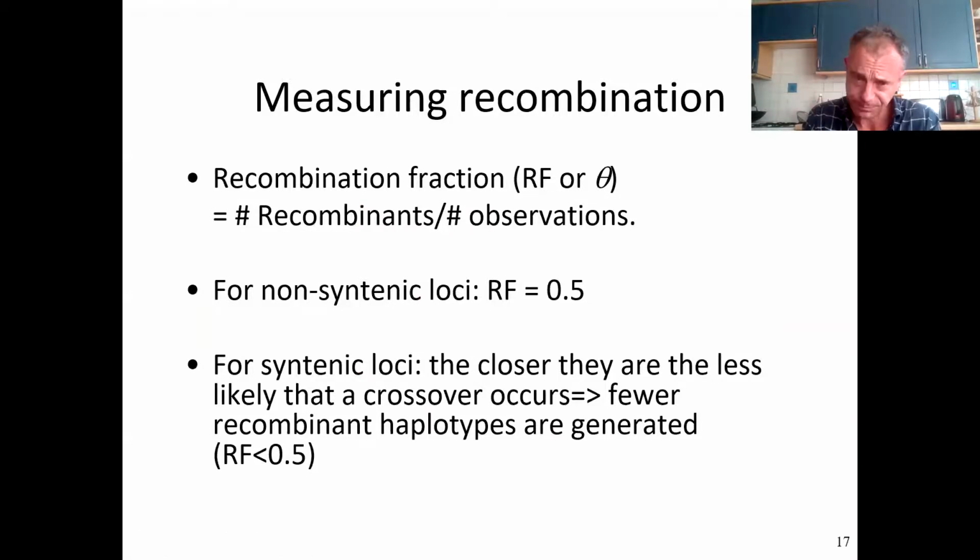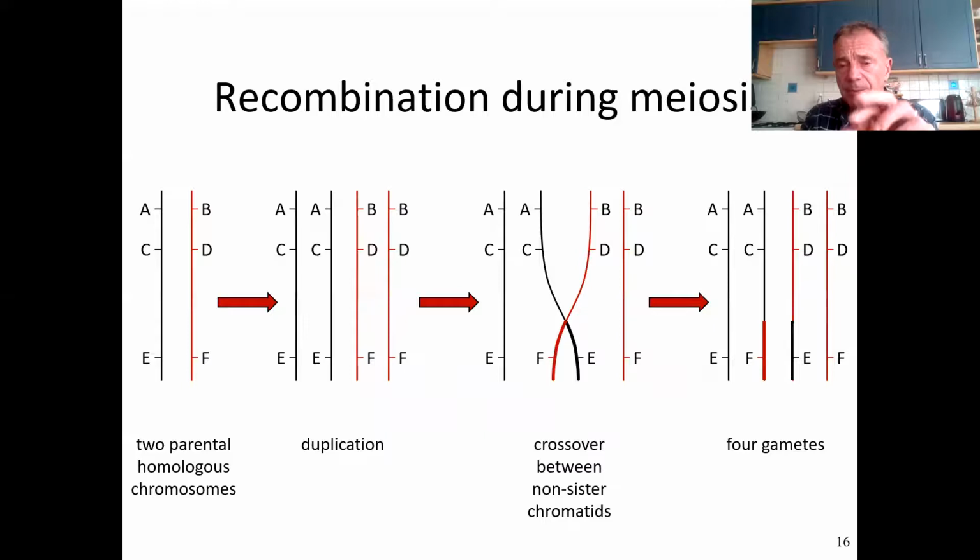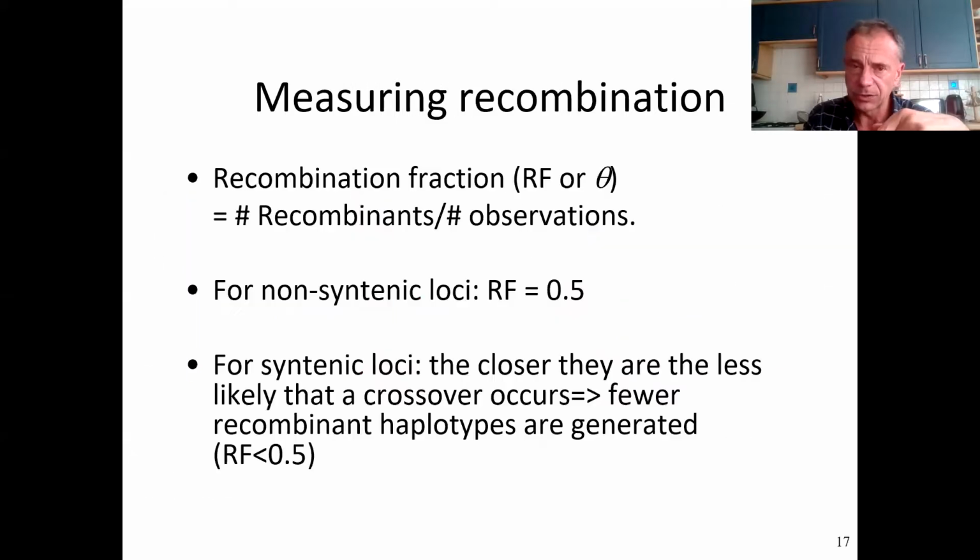Now bearing in mind that quantitatively, the closer two loci are, the less likely there is to be a crossover. The further apart they are, the more likely there is to be a crossover. We can count the times that we observe crossovers as recombinations, and we can use that as an estimate of how close together or far apart two loci are.